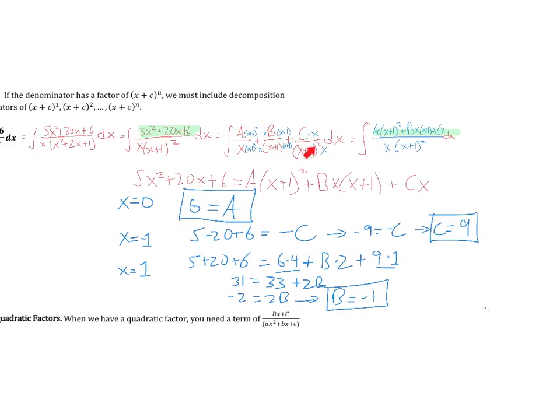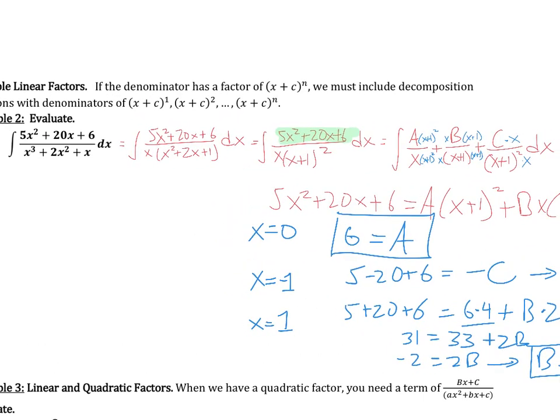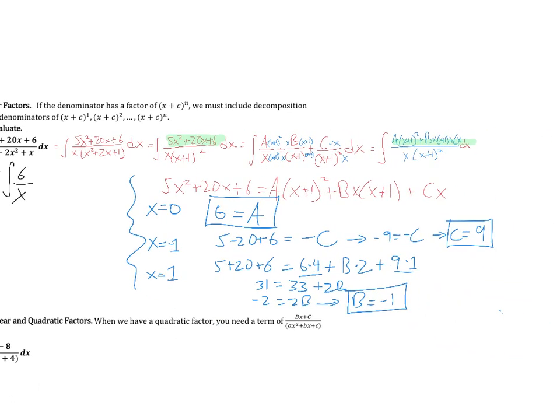Let's go back to this form right here in the red part there. And let's come over here. All right, so this is now equal to the integral of 6 over x. Again, we're using this expression here and using the numbers we know. b, we found out, was -1.